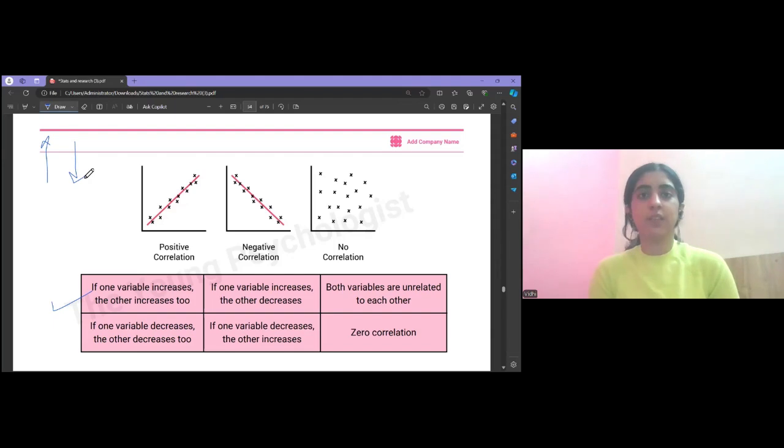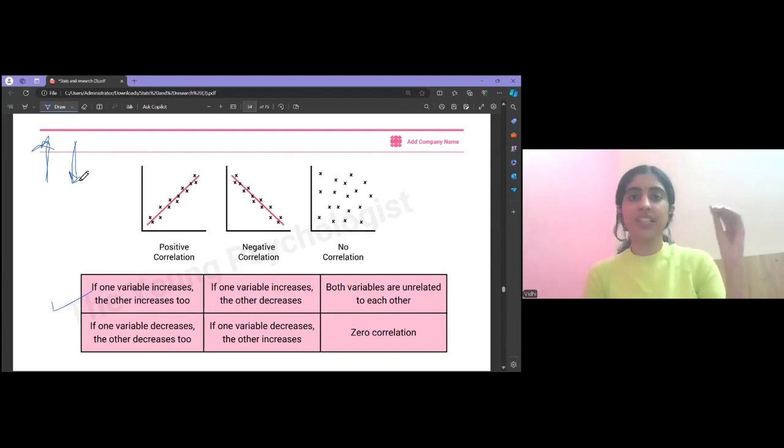And we know that when stress increases in intensity, it leads to adverse effects. So let's say if your stress levels are very high, then ultimately there is a possibility that your performance would decline. So this is a case of negative correlation, that when one variable is increasing, the other will decrease.